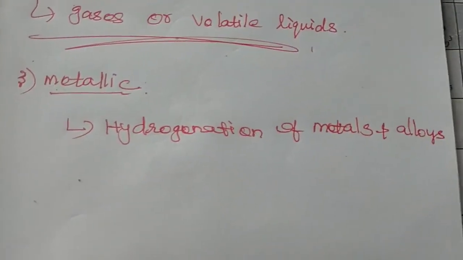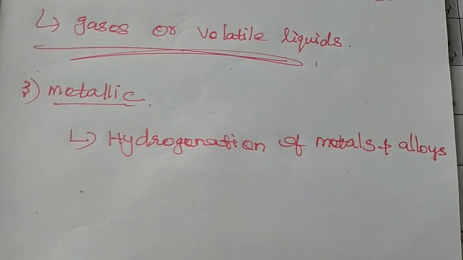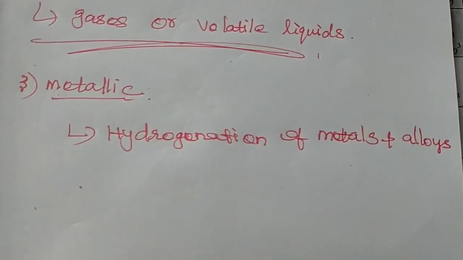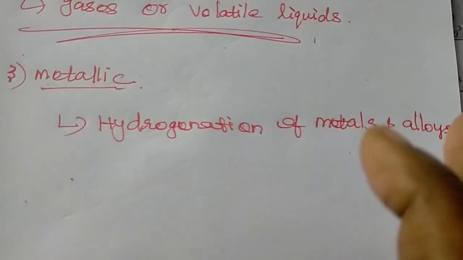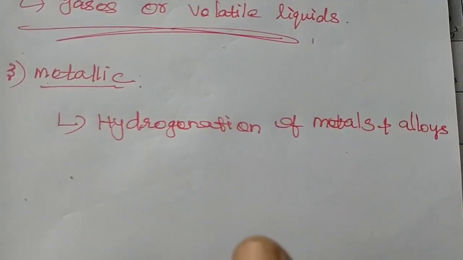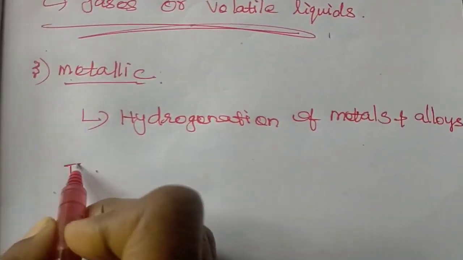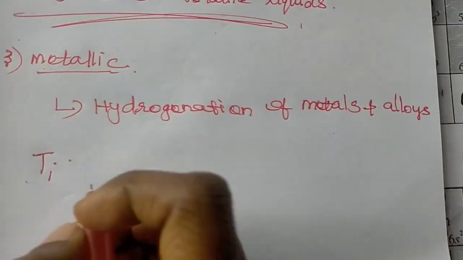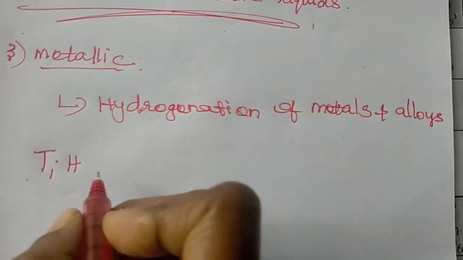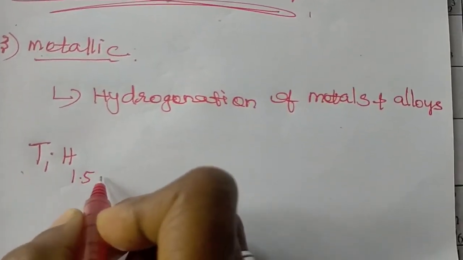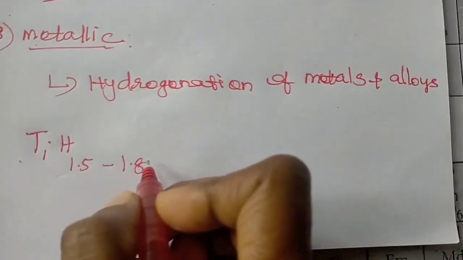In these metallic hydrides, the properties are similar to those of the parent metal which is reacting with the hydrogen. They are non-stoichiometric and have variable compositions, like titanium hydride, which is not stoichiometric; it can vary from 1.5 to 1.8.